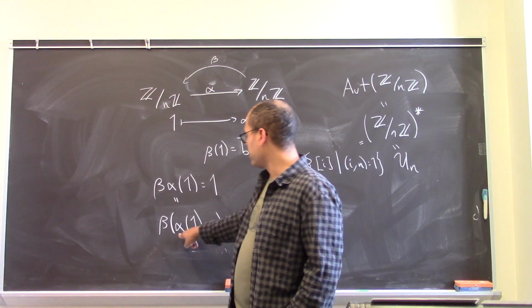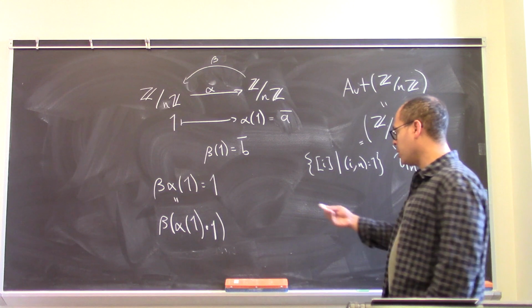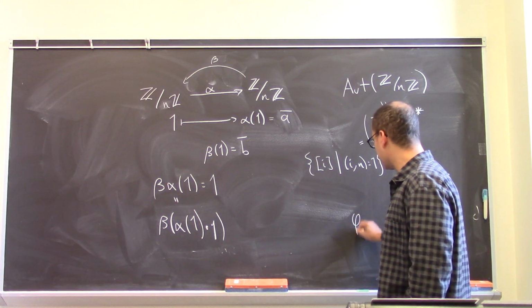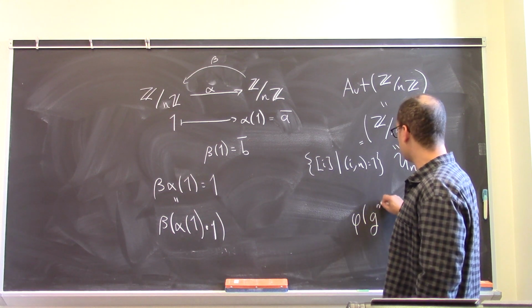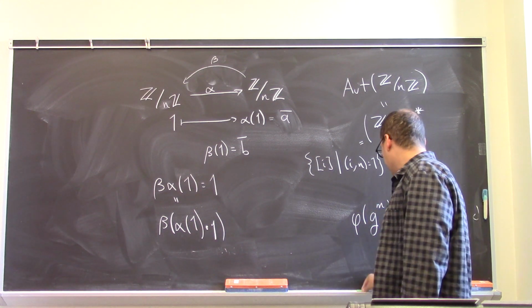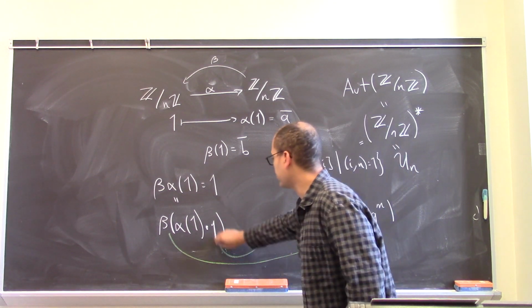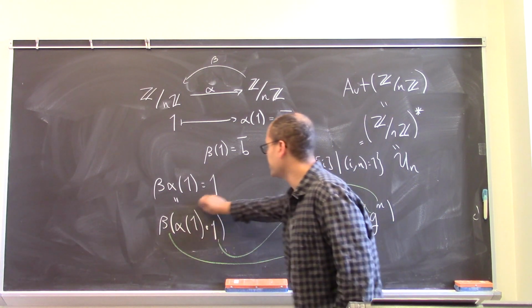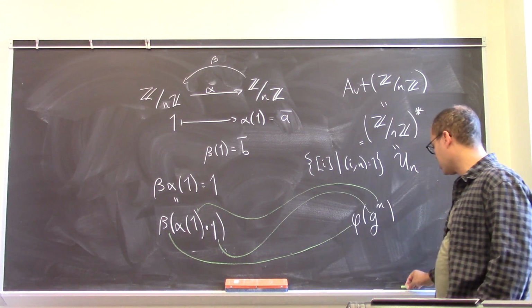Now, here, a of 1 is going to pull out of the beta. So really what I'm looking at is you have some group homomorphism and some group element to some power. So here, phi is like our beta, g is like our 1, and m is the alpha of 1. I'm just using an additive notation instead of a multiplicative notation.